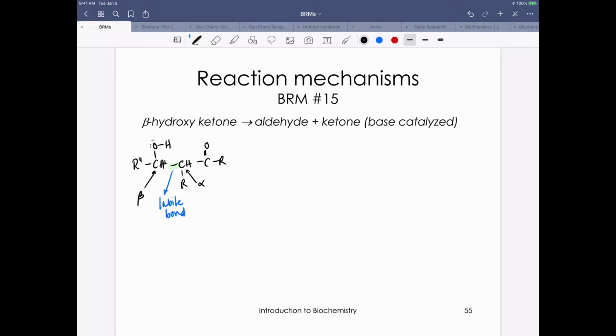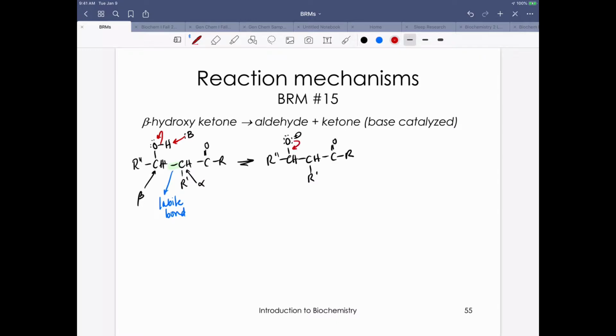So how we're going to start out this mechanism is we're going to have a base come in and deprotonate this alcohol group. Deprotonating that alcohol group is going to generate this intermediate here. And now we have the ability of doing the reverse of our carbon-carbon formation step that we saw in our last mechanism.